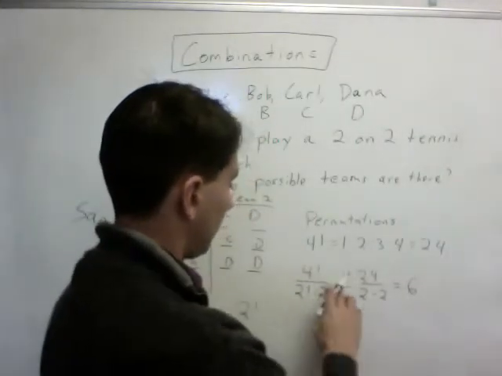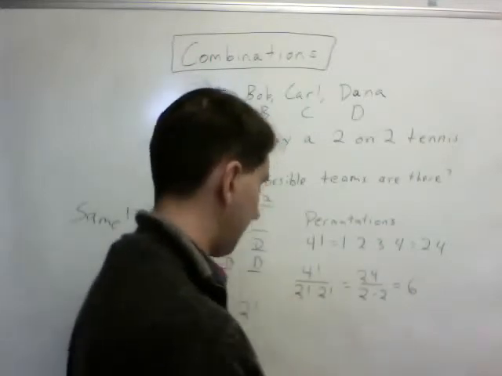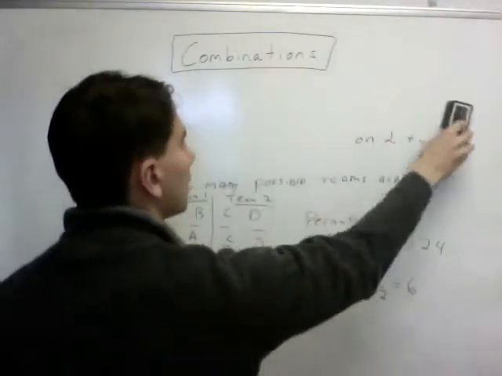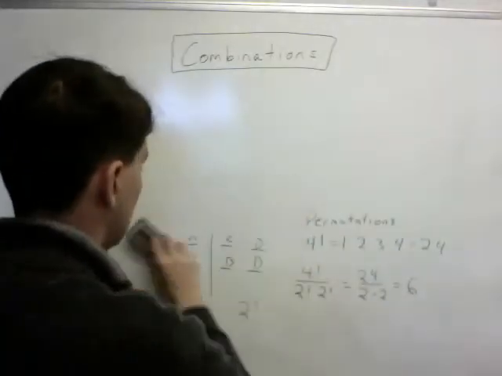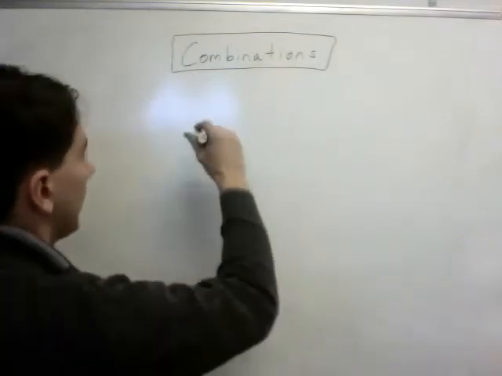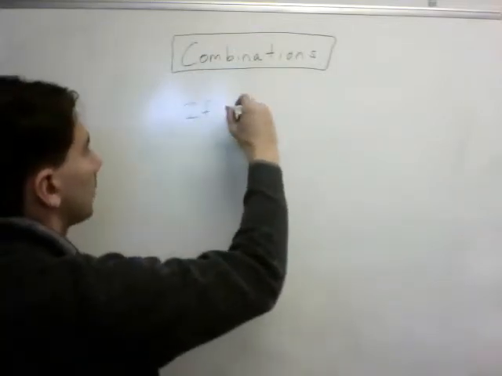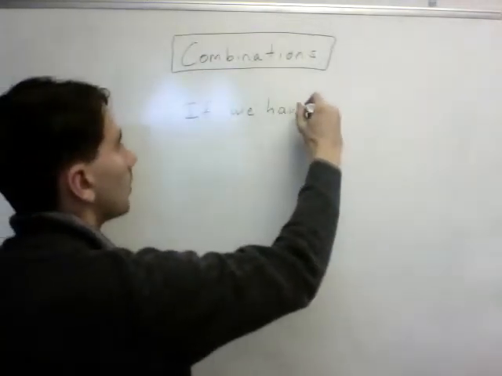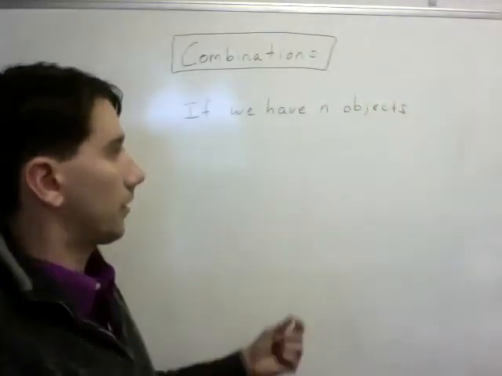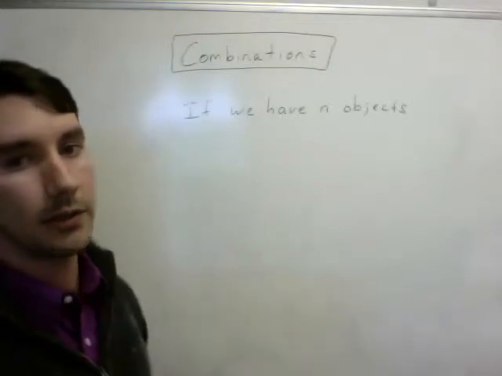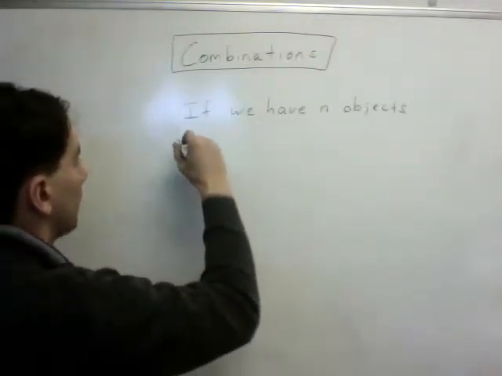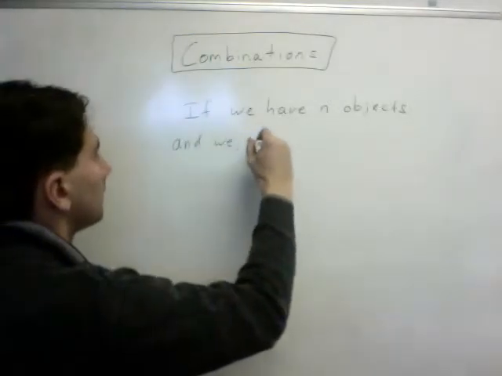Now there's a special symbol for this as well, so this is going to come up often. So if we have n objects, like the 4 players, or they could be any sorts of objects. They might be cards or dice or something else. And we wish to choose k of them.